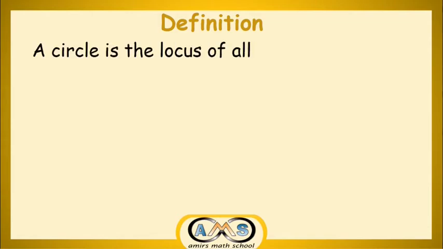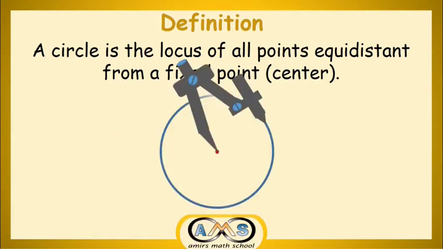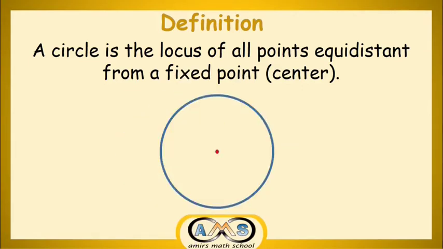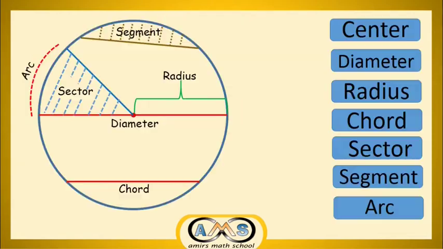A circle is the locus of all points equidistant from a fixed point, which is called center. Here, the red one indicates the center of this circle. Now, the parts of circle. This red dot indicates the center of this circle, and the diameter, this red line indicates the diameter of the circle.